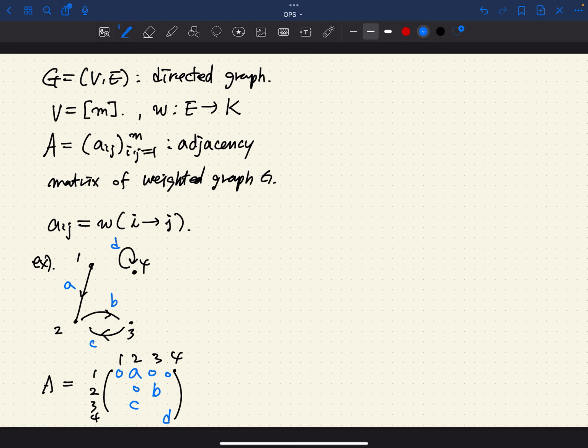If there is no edge, we assume that the weight is 0. So this is an example of an adjacency matrix.